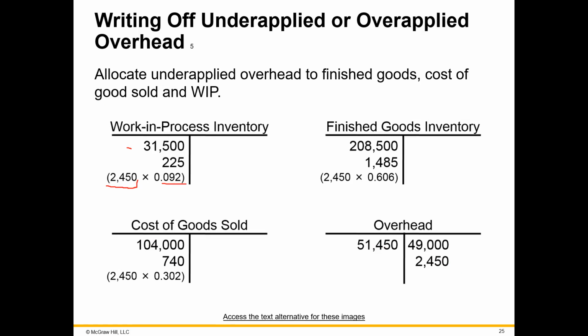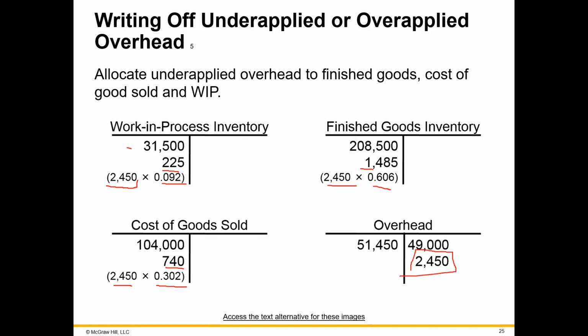Finished goods inventory, we're going to allocate 60.6% of that 2450. Cost of goods sold, we're going to allocate 30.2% of that 2450. And so when you add up the 225, 1485, and 740, you should get the 2450, which was underapplied.